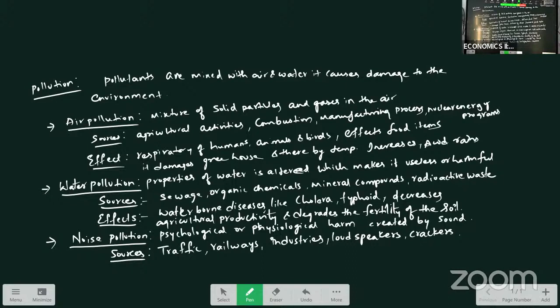And what are the effects if noise pollution is there? What are the effects it will have on our human survival? It deteriorates the environment. Noise pollution affects human beings, animals, and birds also. It damages the ear and causes temporary or permanent hearing loss.